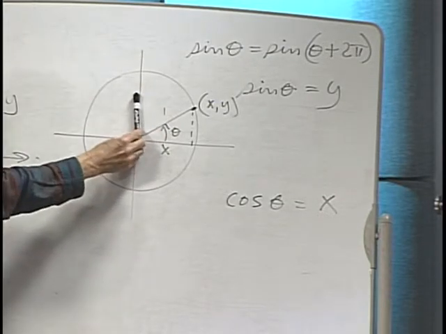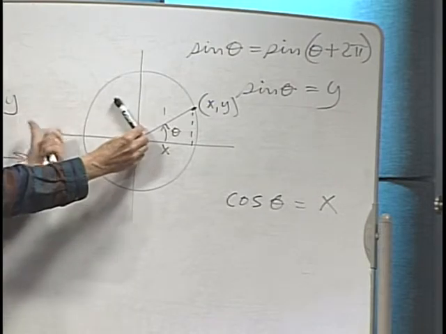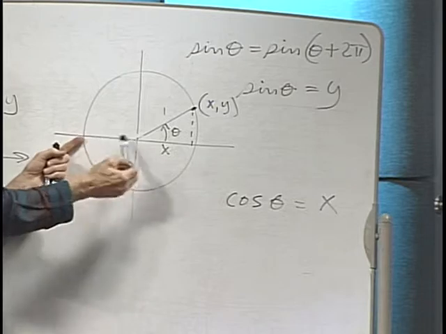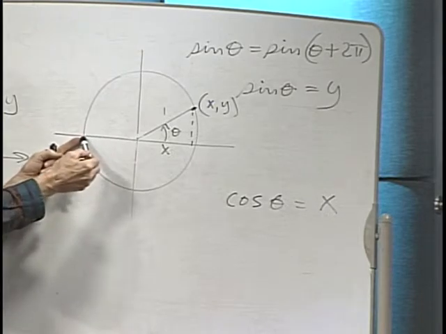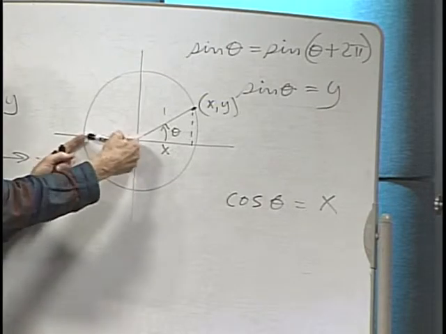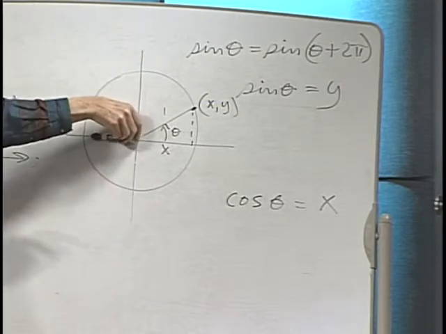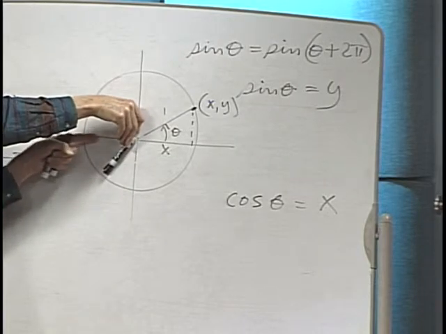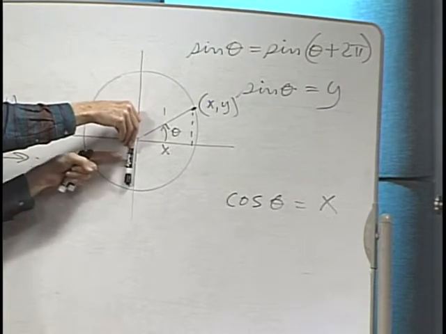And when I go past 90 degrees and head towards 180 here, the x reading is growing negatively, and it's heading towards -1, isn't it? And then as I continue on down into the third quadrant here, the x reading there is coming back up towards 0.